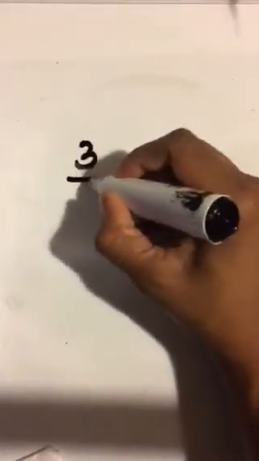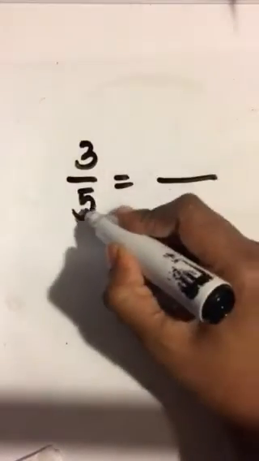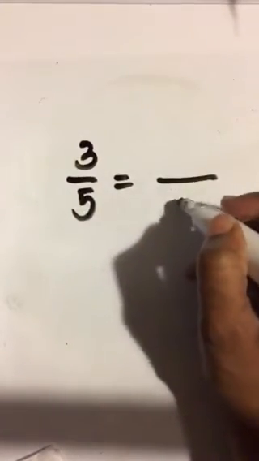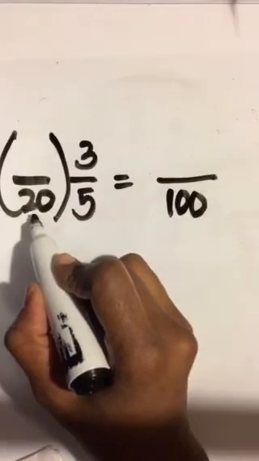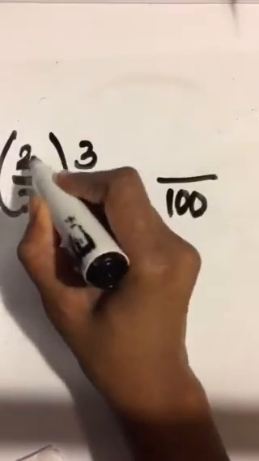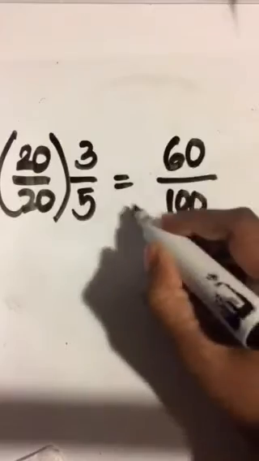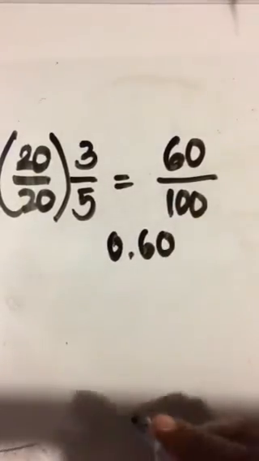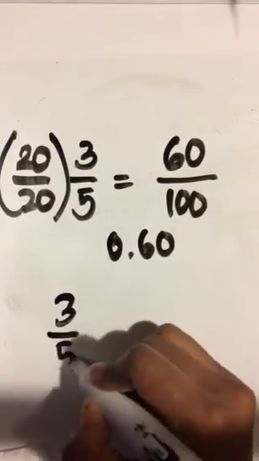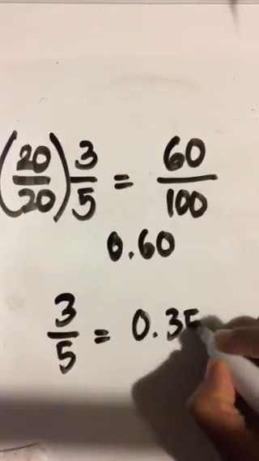Earlier, I did the problem 3/5. Let me write it up here. And we said that 5 is a factor of 100, and 5 goes into 100 20 times. And whatever we do to the denominator, we have to do to the numerator. 20 times 3 is 60, which means that 3/5 is equivalent to 60 hundredths. For some reason, students like to say that 3/5 equals 35 hundredths.